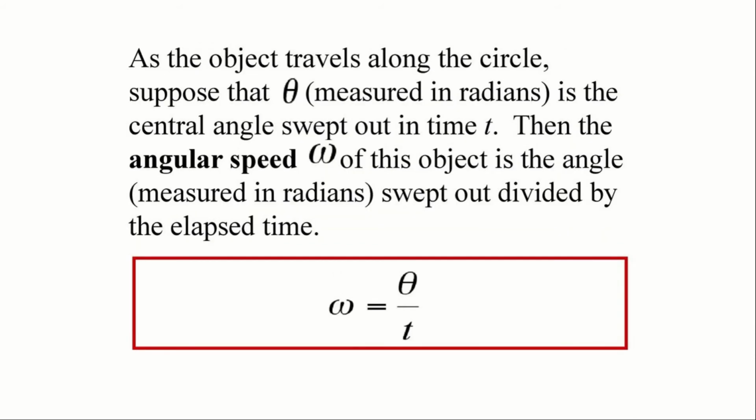As the object travels along the circle, there will be a certain angle for that. Suppose that θ measured in radians is the central angle swept out in time t.